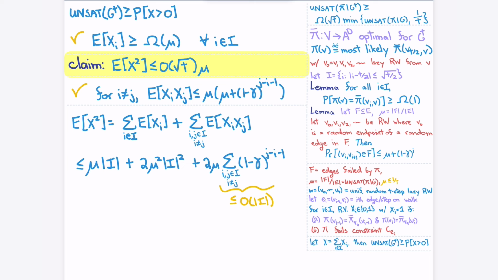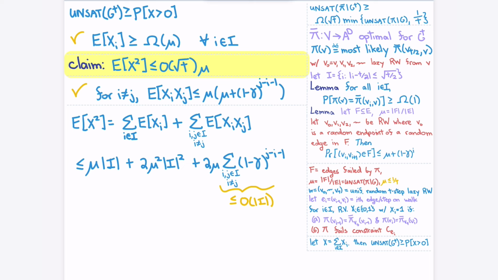Okay, so maybe just to double check. We're doing indices from t over 2 minus square root t to t over 2 plus square root t, so the size of I is about square root t. So mu squared t: we assume mu is at most 1 over t, because otherwise we're basically done.